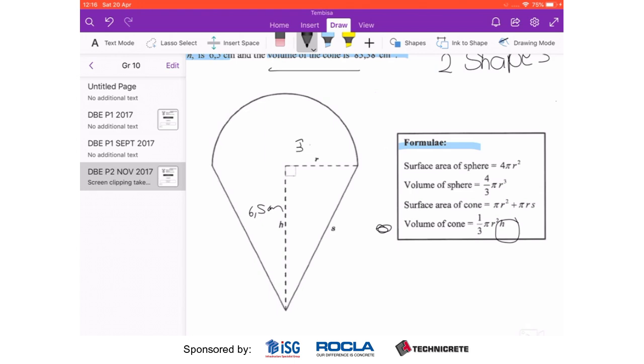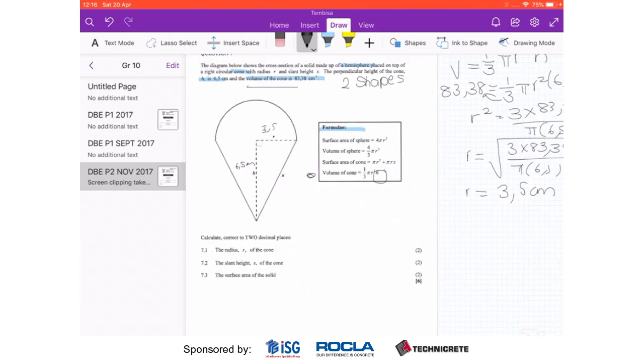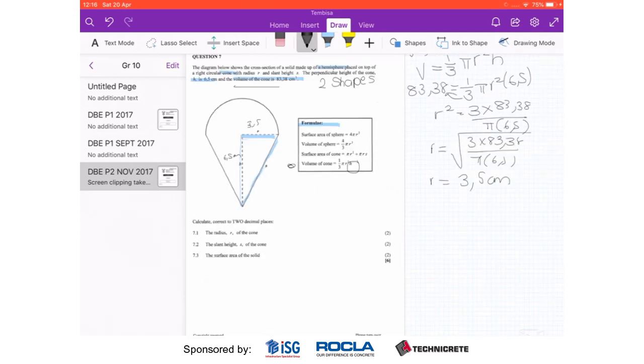Okay, next question. Slant height, which is s. Very easy. What do I have here? Pythagoras triangle. I'm finding the hypotenuse. Okay, so 7.2 Pythagoras. So s squared is equal to h squared plus r squared. H is 6.5 squared plus 3.5 squared.